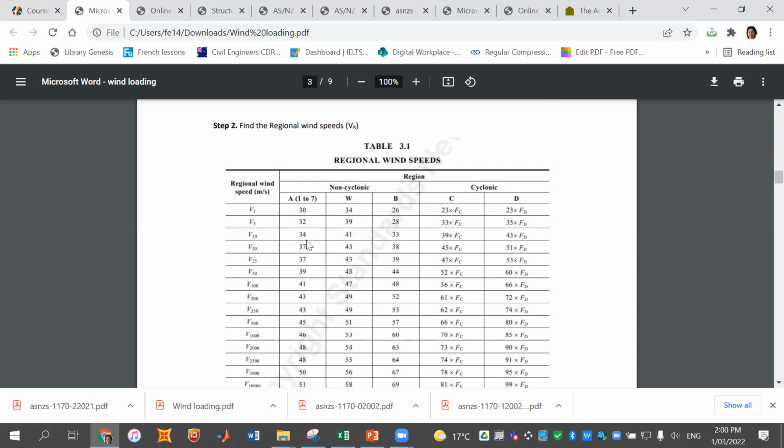The wind that happens every 100 years, the V_R is 41, and the wind which happens every 1,000 years, the wind velocity is 46.